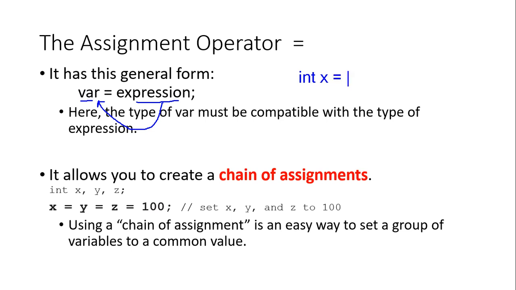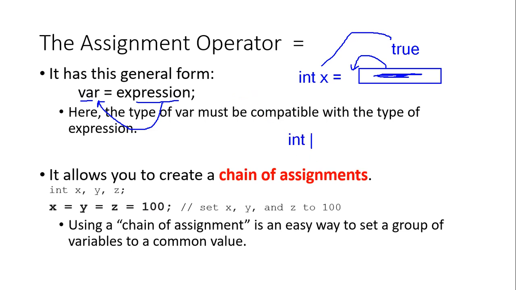For example, if you declare a variable int x and you assign a Boolean value after evaluation of this expression, let's assume that there is an expression. If the evaluation of that expression happens to be Boolean true, then you will end up in trouble because true is not compatible with the integer type. So when you evaluate an expression, for example, if you write int x is equal to 10 greater than 3.